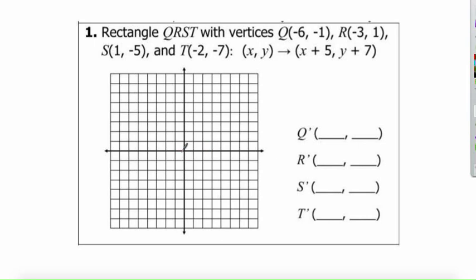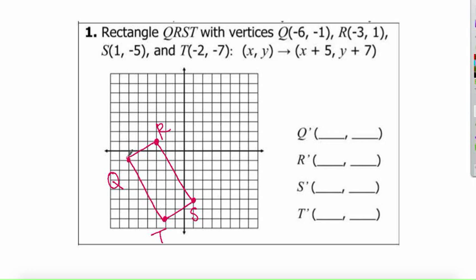I've got -6, -1, and that's Q. Then I've got 1, -5, so that should be S. Then I've got -2, -7, which is a T. And I missed R. So we've got -3, 1 is R. So Q, R, S, T. Connect our dots, and we should have a rectangle.